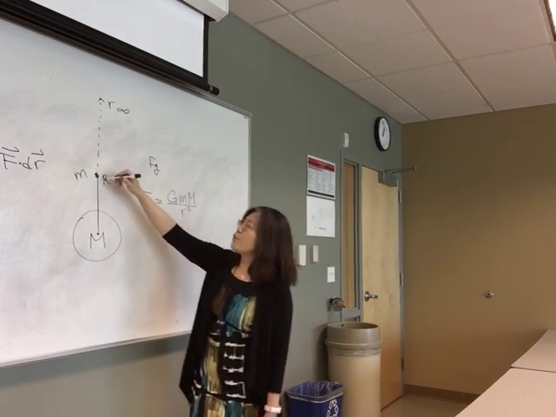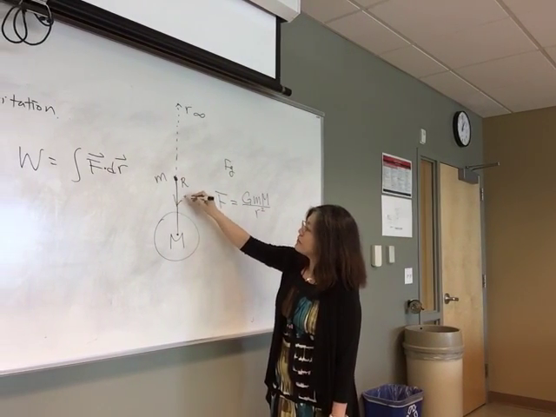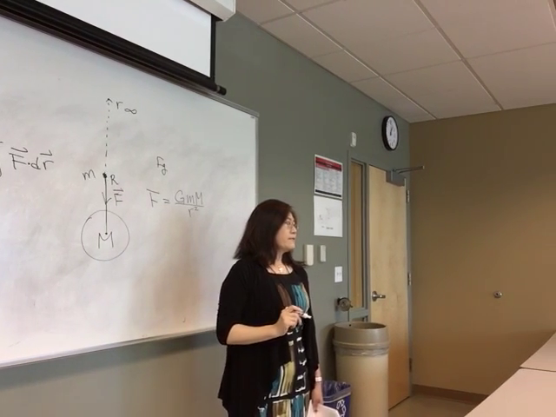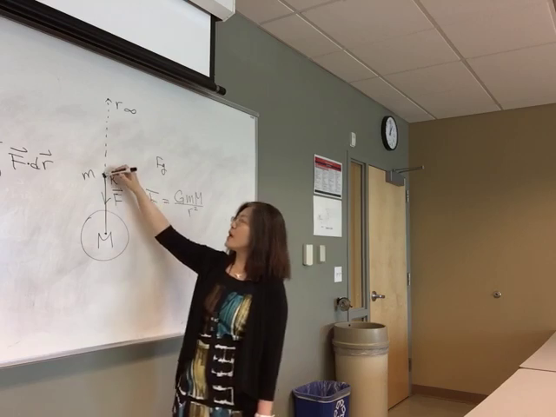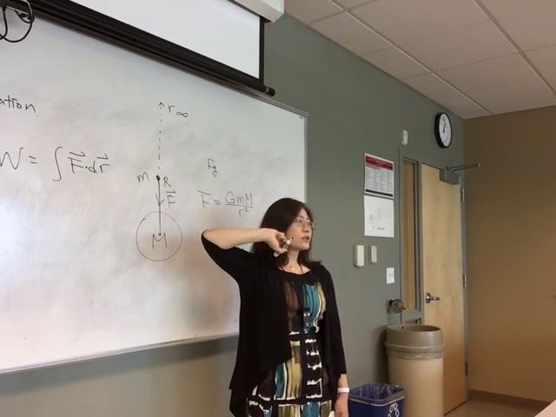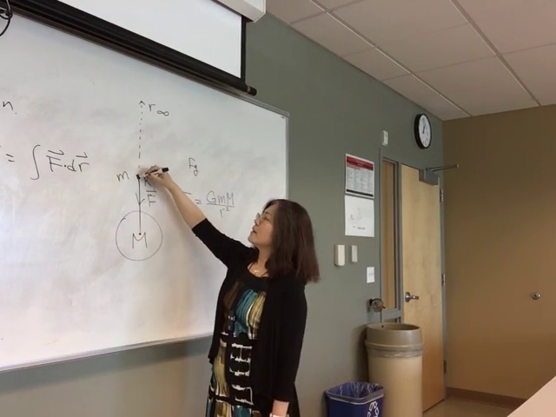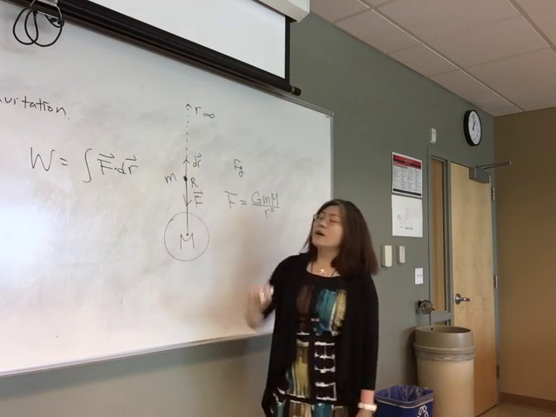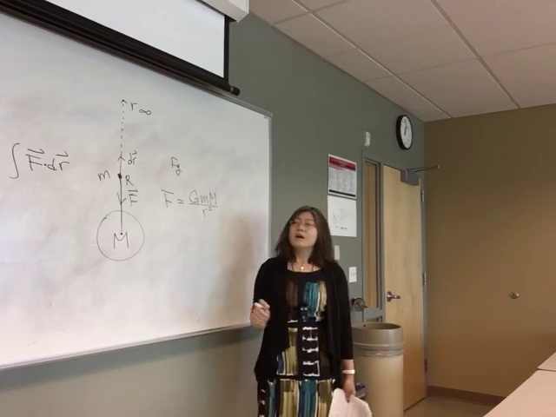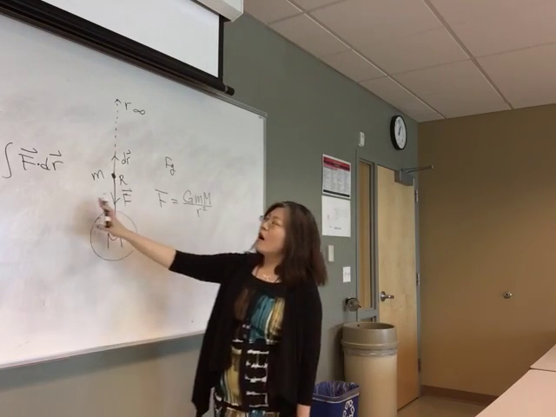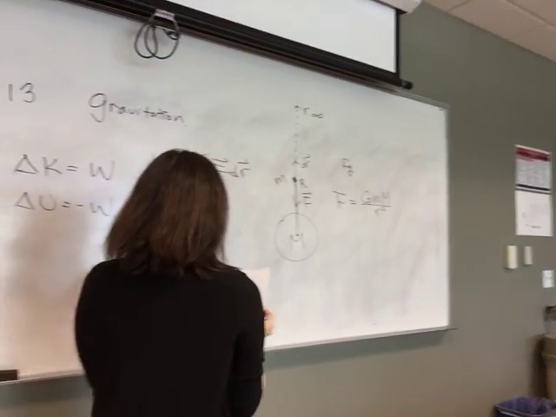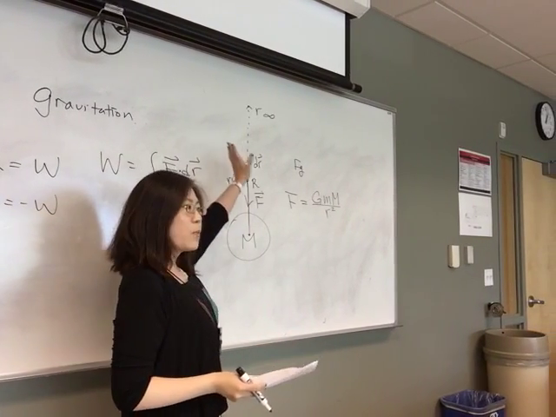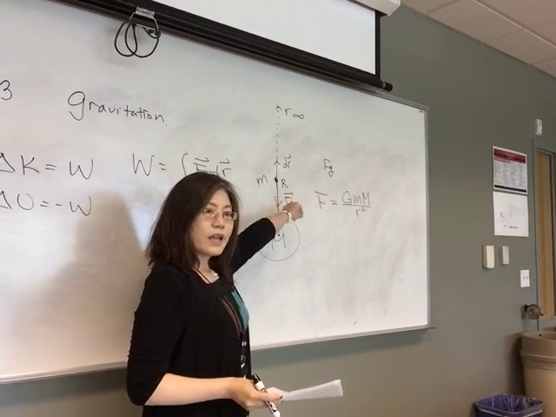Now, this gravitational force is downwards. What about the displacement? You're moving from this point to infinity. So what is the direction of displacement? Upwards, right? So that's dr. So when you do F dot dr, what do we have here? F is downward, dr is upward, so they differ by 180 degrees, right?